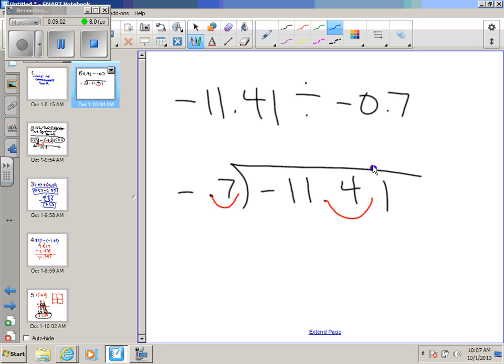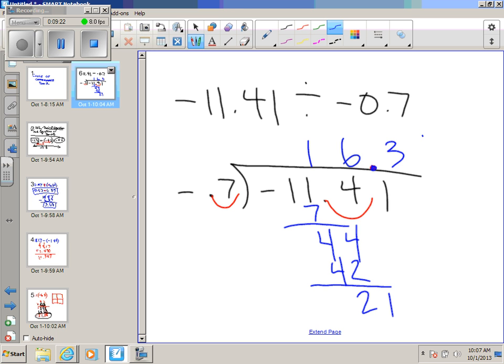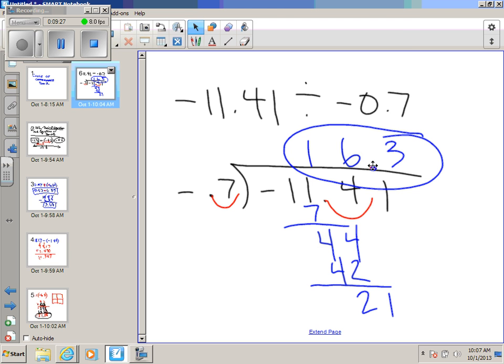Now I just divide and everything takes care of itself as long as I put the numbers where they're supposed to go. 7 goes into 11 once. 7 into 44. 7 into 21. Oh, I didn't bring down the 1. I brought down the 0. I skipped the 1 and just put the 0. We're good? I need one more. Just like that.